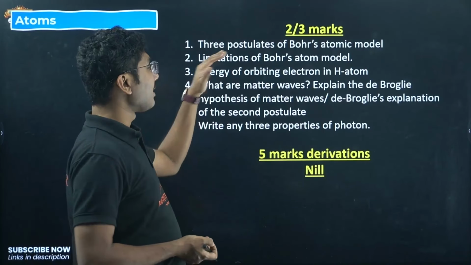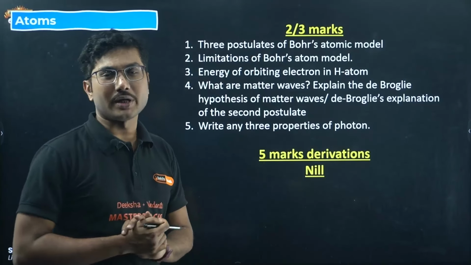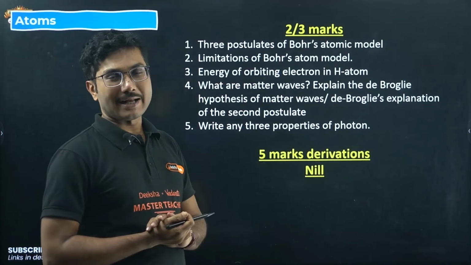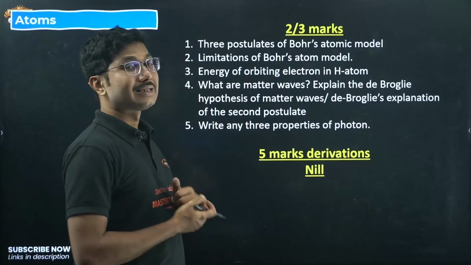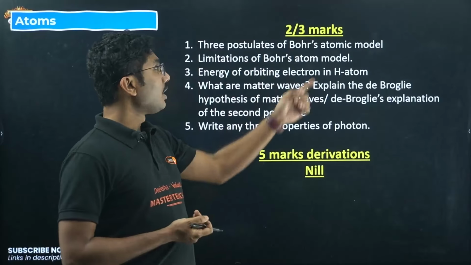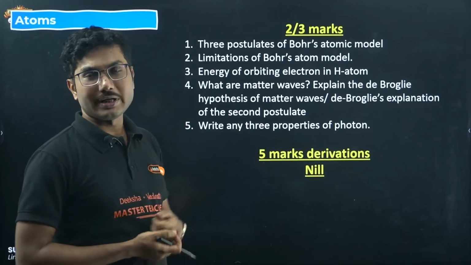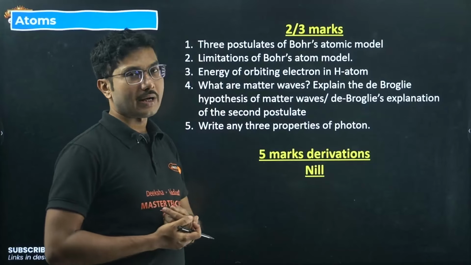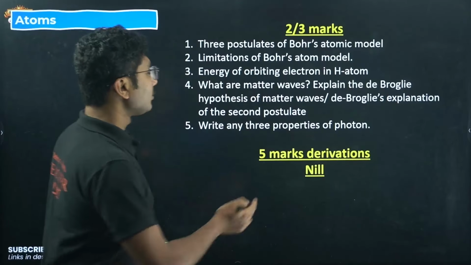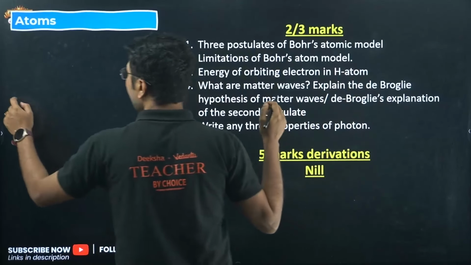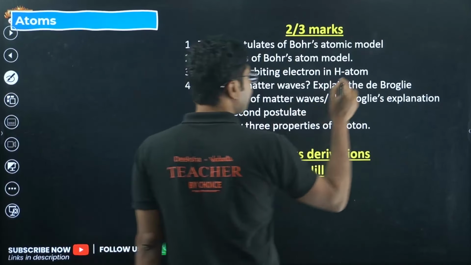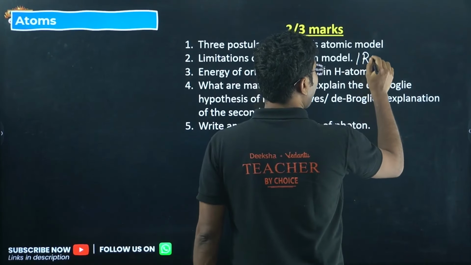Also remember that sometimes in FA2 Rutherford's drawbacks can also be asked, so please study not only Bohr's atom model, also study Rutherford atomic model, limitations of Rutherford's atomic model. So that also should be considered for this chapter, especially for FA2. Okay.